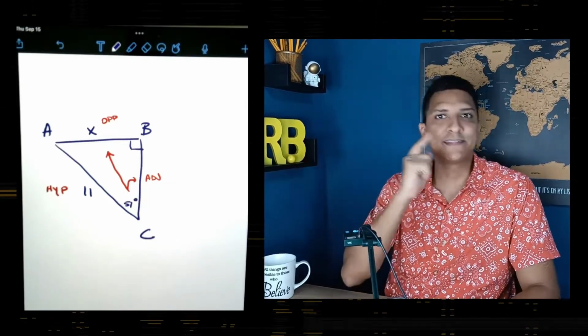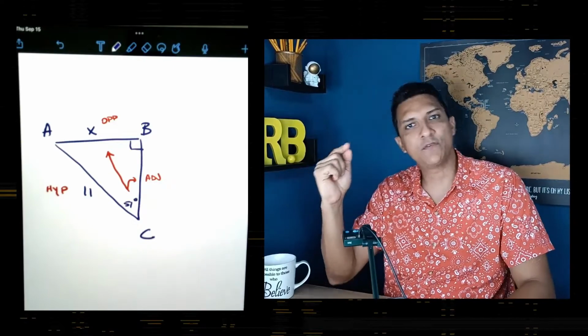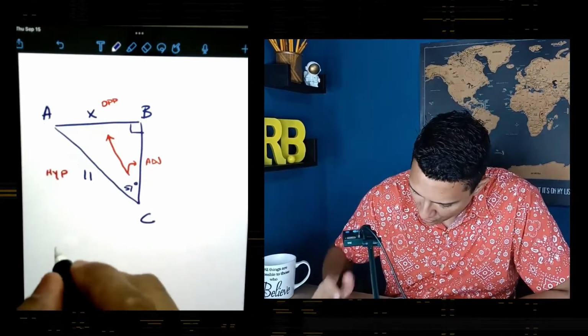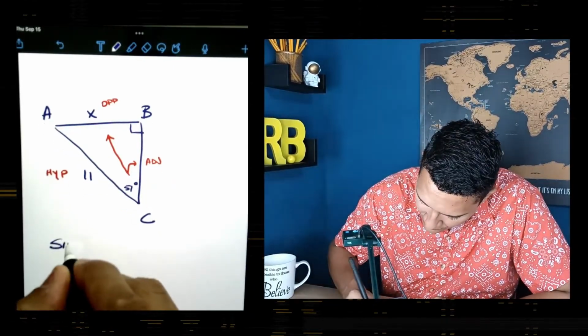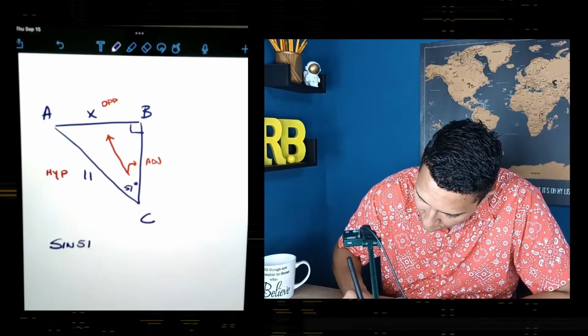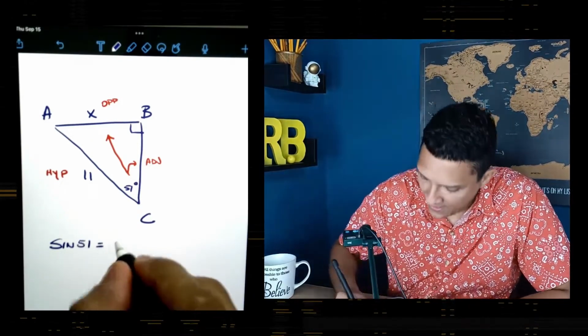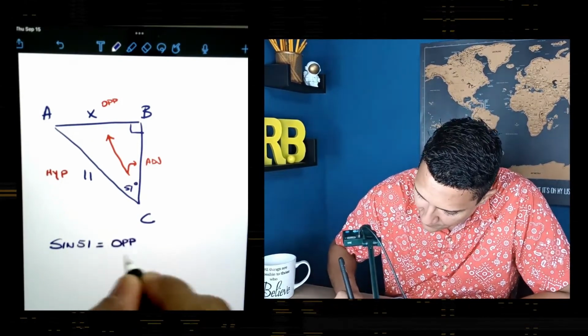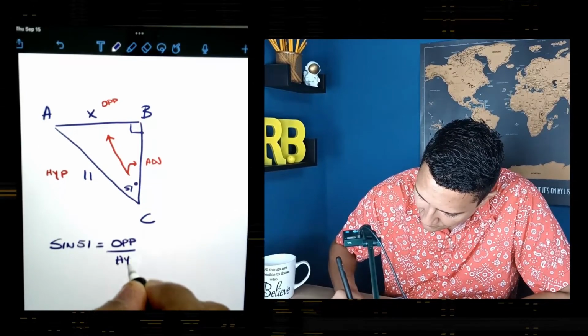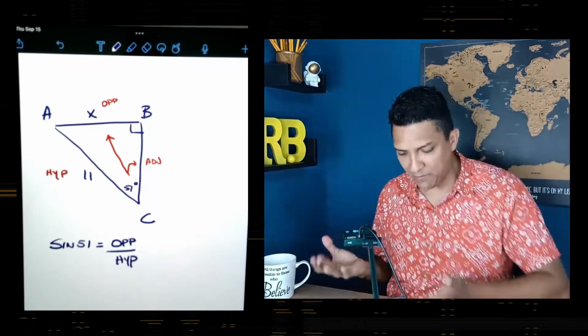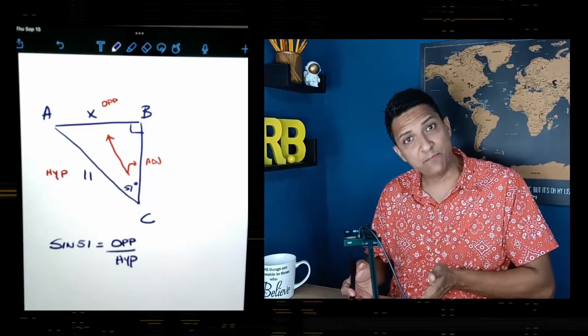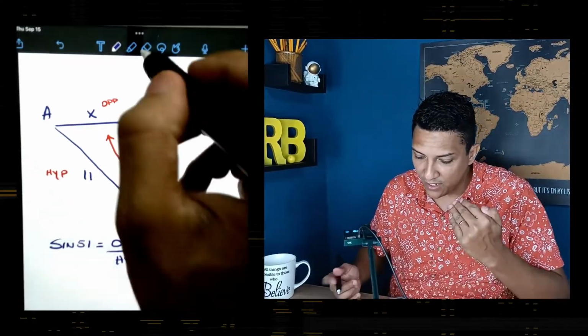So sine is opposite over hypotenuse. Okay, so I'm going to use that trigonometric ratio. Sine of 51 degrees equals opposite over hypotenuse. Instead of writing hypotenuse, I'm going to write 11.